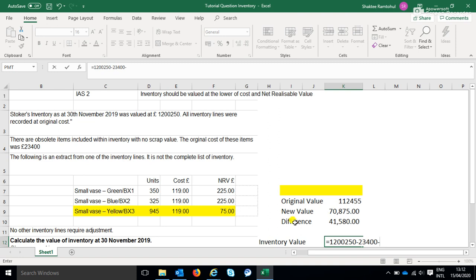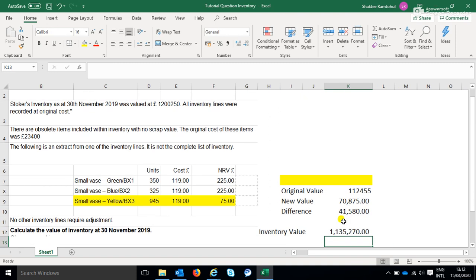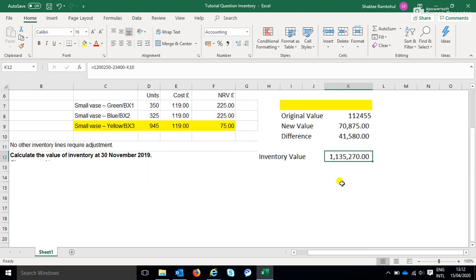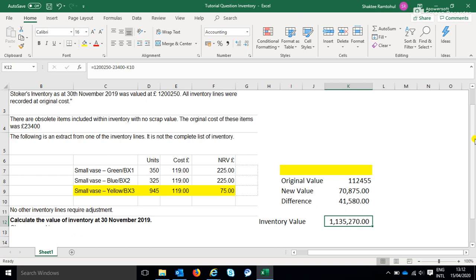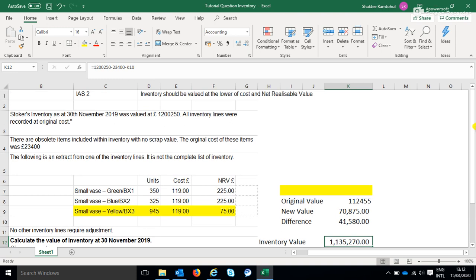Also, we need to bring it down by this value here. The final value comes to 1,135,270, and that will be your final inventory value.